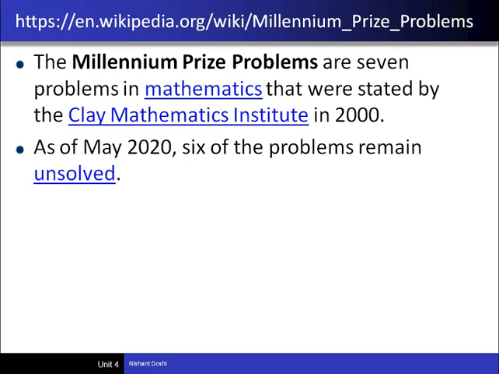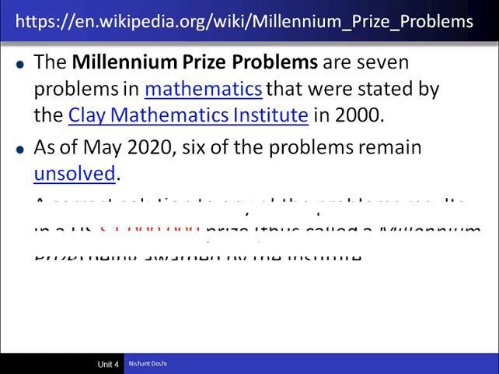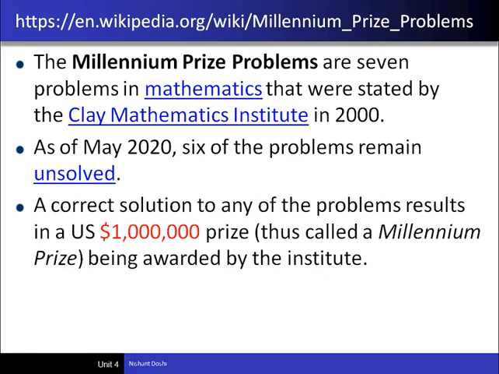Only one problem has been solved, and the winner declined the prize money, but anyhow they solved the problem. You solve one problem and you get 1 million US dollars from that institute. Even if not the money, you will get the reputation, or both.